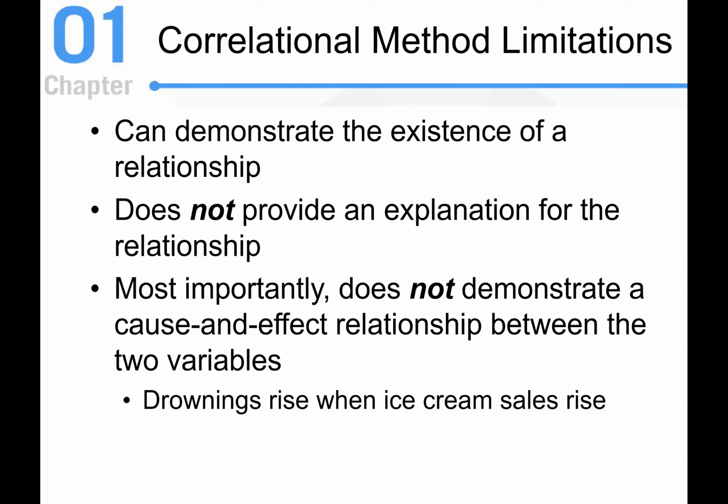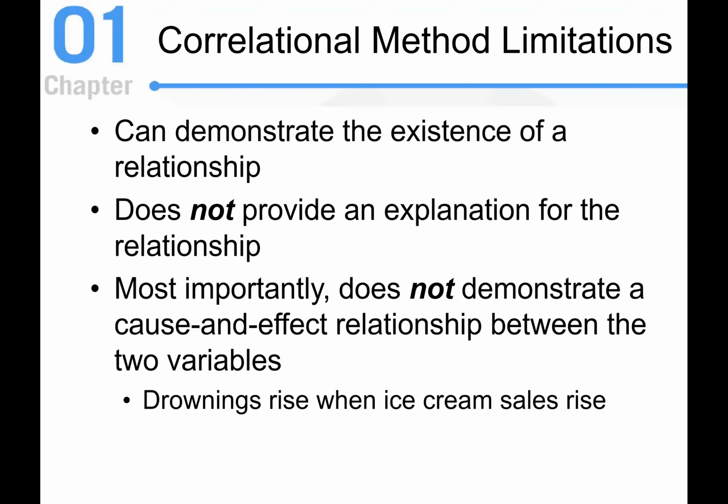There are a lot of very nonsensical correlations that exist, and they exist because a third variable usually is the one that is making the relationship between the two variables more apparent. One example is drownings rise when ice cream sales rise.